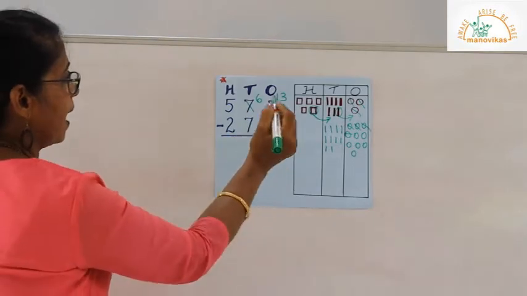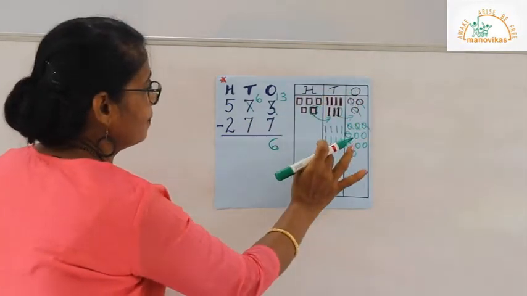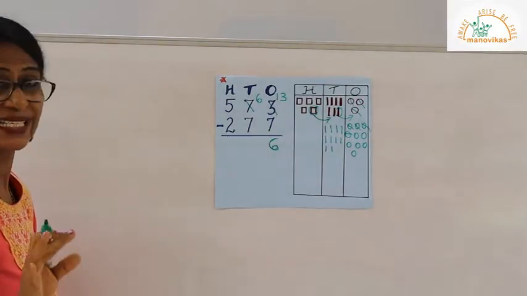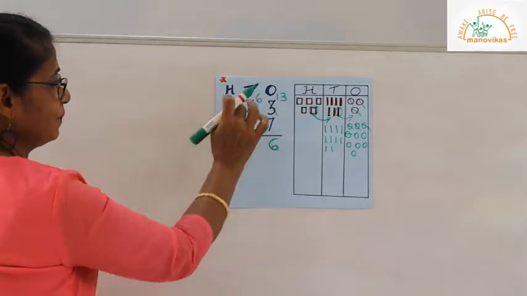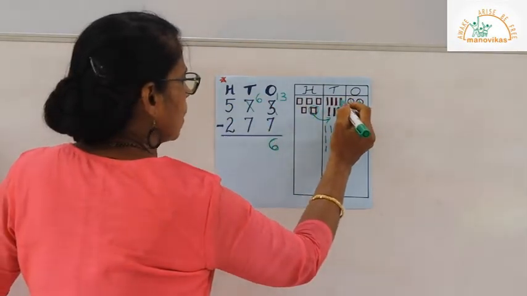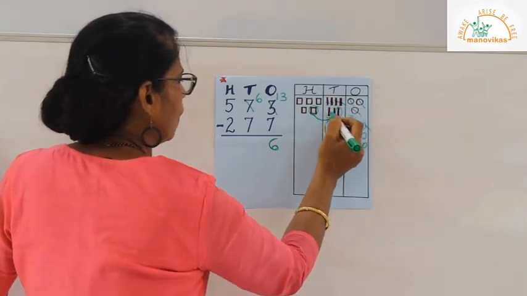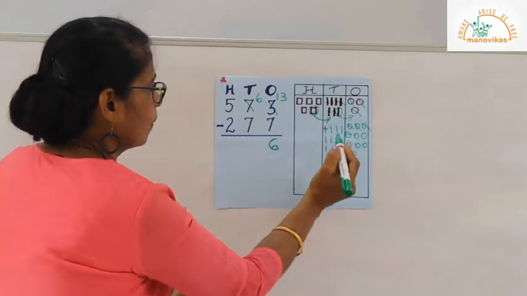So let's see how many they make. 6 tens plus we have another 10. That makes it 16. Let's subtract now 7 from 16. So we have 1, 2, 3, 4, 5, 6 and 7.